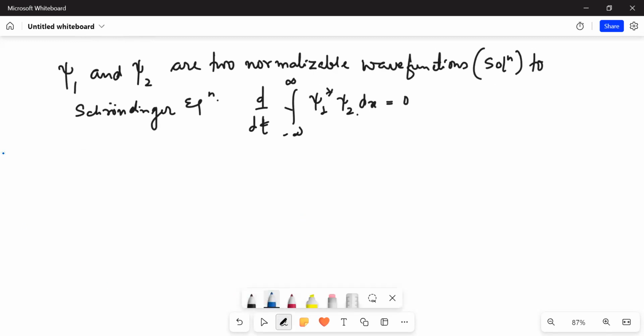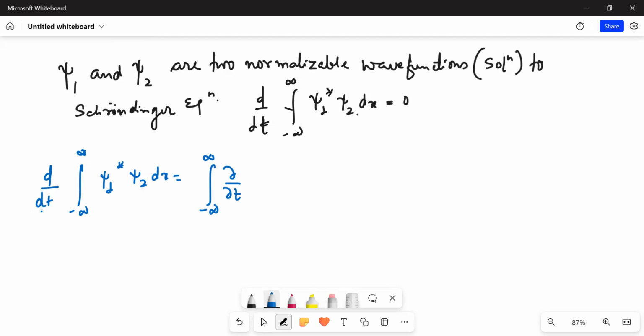I think I should tell you a little bit about this, and then we're going to see one very important and interesting case, so keep a little bit of motivation here. Since psi is a function of both time and space, if I want to place d by dt inside the integral, I will have to do a partial derivative, because psi is a function of both x and t.